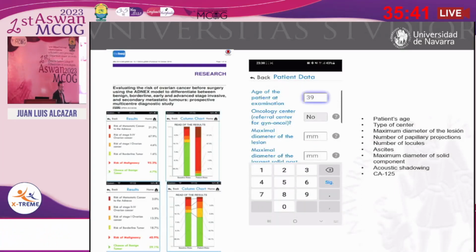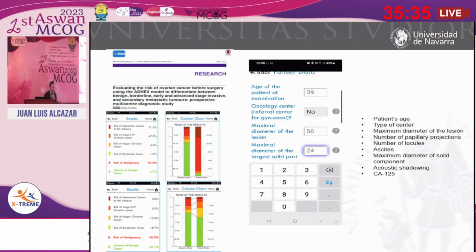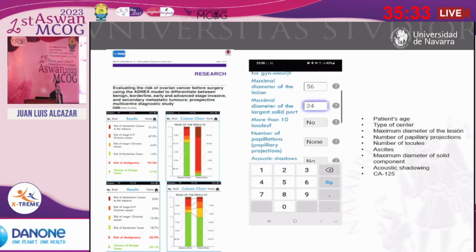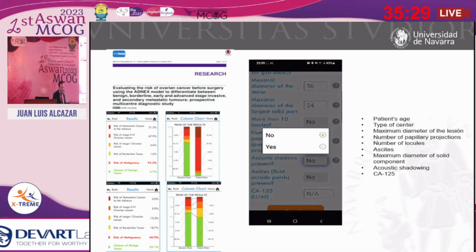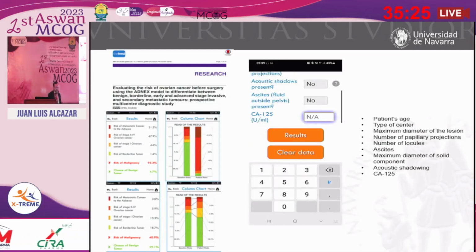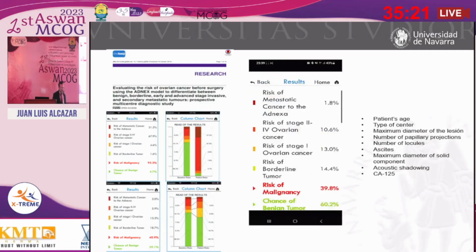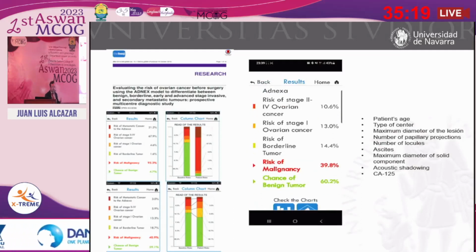Then we put the parameters which are included in the model: patient's age, type of center, gynecological center or not, maximum diameter of the lesion, number of papillary projections, and the number of locules, the presence of ascites or not, the maximum component of solid, acoustic shadowing, and CA125, and then we get that risk.